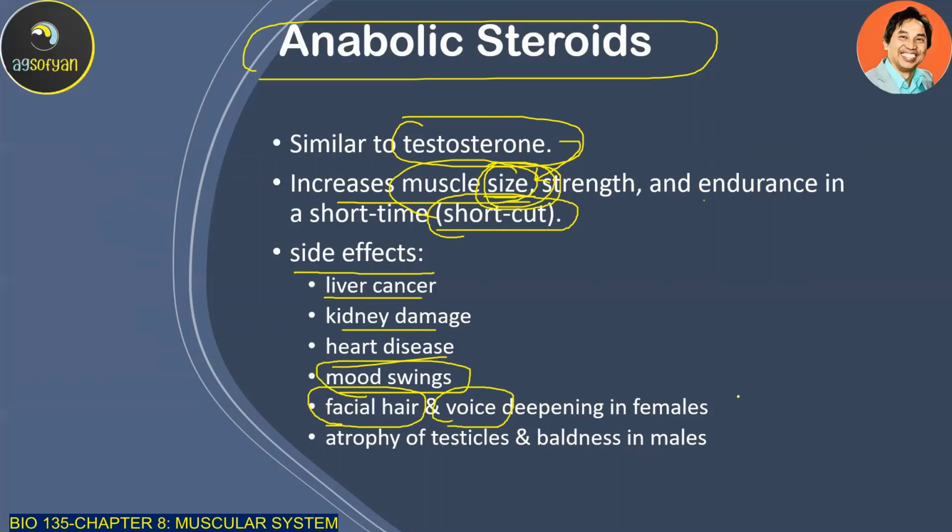My name is Anna, for example. Okay, so that's a kind of side effects of steroid. And atrophy of testicle, because the testicle is the one used for making testosterone. If we take it from outside, then the testicle will be smaller and sometimes can cause sterility.